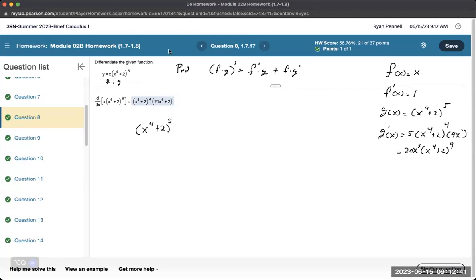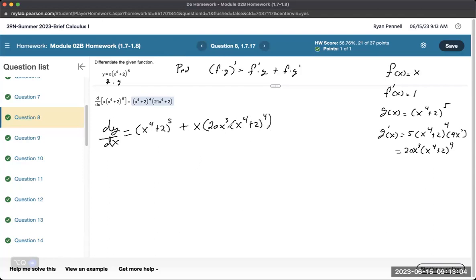That'll probably be more confusing than helpful. Plus the original f, which was just x, okay, and then times g prime, 20x cubed, (x to the fourth plus 2) to the fourth.